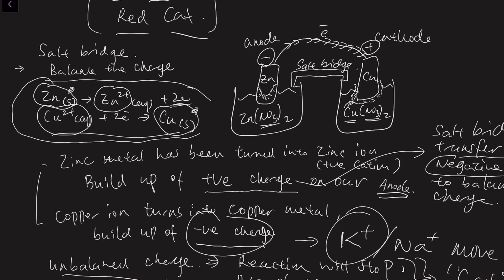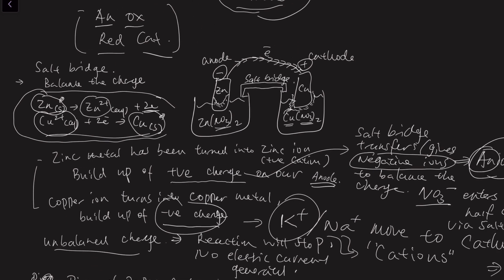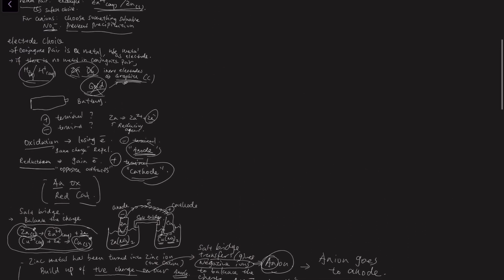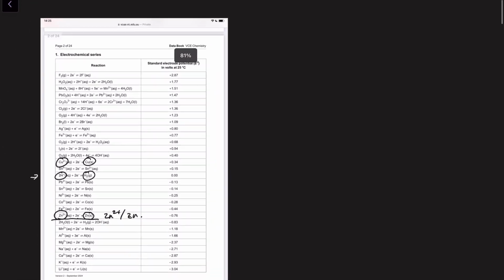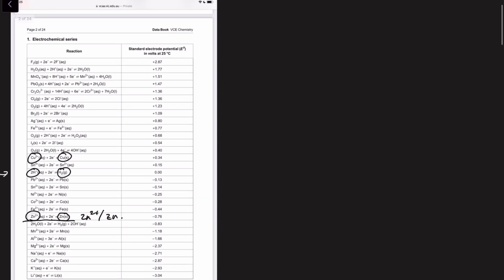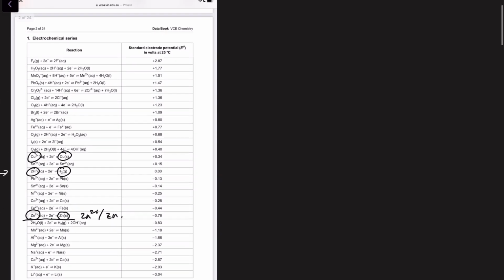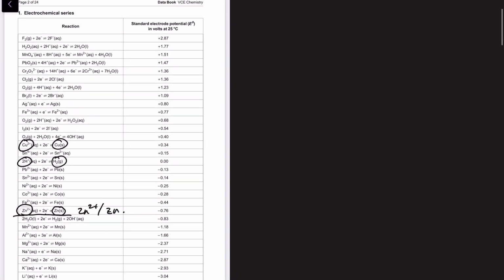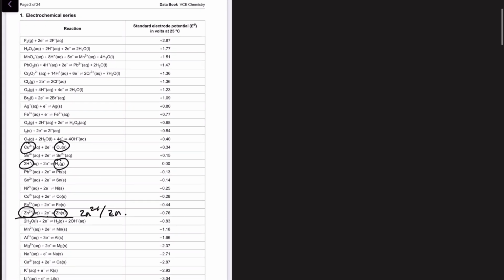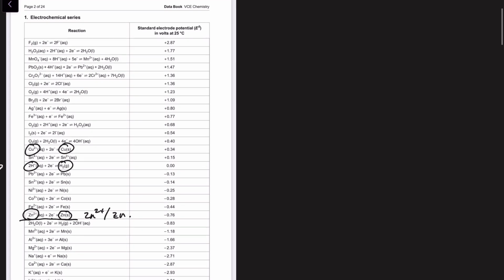To answer this question, we need to use electrochemical theories. And electrochemical theories are very, very, very important. The way you can tell it is important is because it is the first thing that comes up in your VCE Chemistry data book. So there must be a reason for it, and this is the reason.